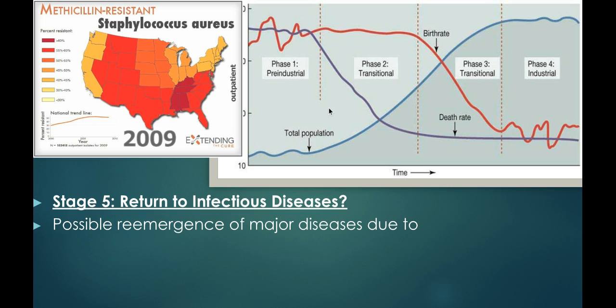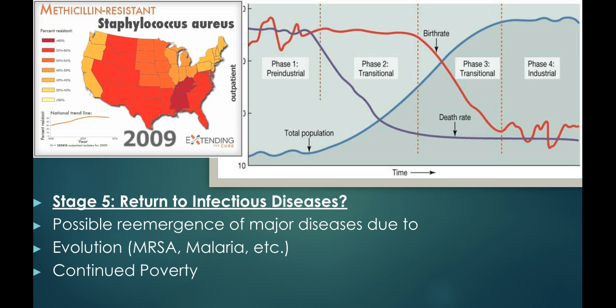And finally, stage 5, which is a return to infectious disease. This is where the body becomes older, and people are hyper vulnerable to smaller diseases. When you're old, pneumonia can take you from the hospital to death, right?